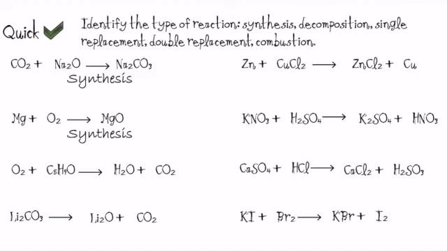On the third one, oxygen is one of the reactants, so it is combustion. In the fourth one, we have one reactant and it's breaking apart. That's decomposition. Pause the video and answer the rest of the questions, then check your answers.